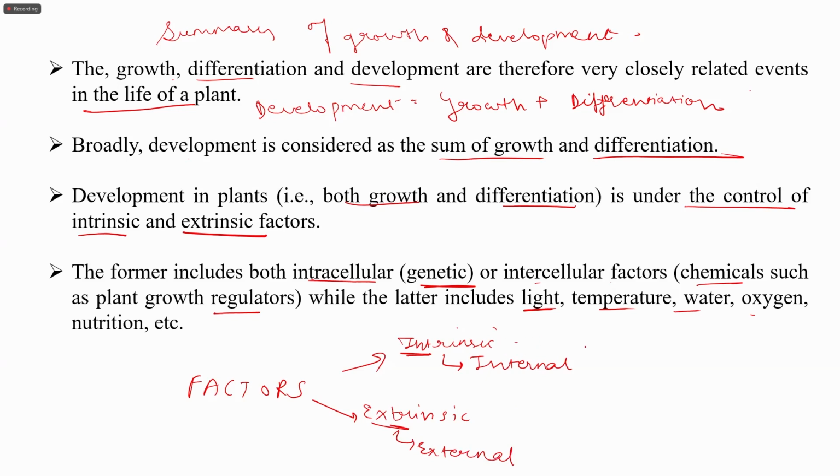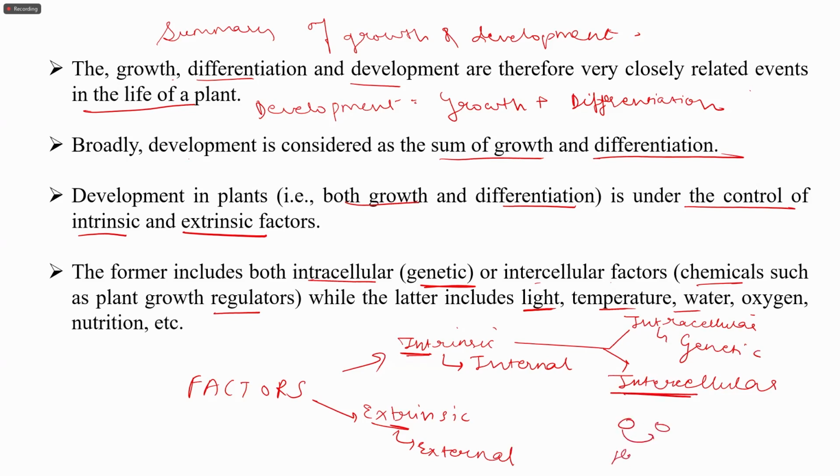Intrinsic factors can be of two types: intracellular, that is within the cell, and intercellular. Intracellular is within the cell and it happens mostly at the genetic level. And intercellular, in order for two cells to communicate, we know that our body usually releases a chemical which is the hormone.